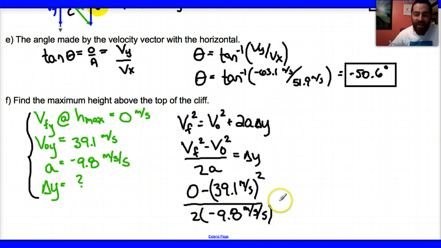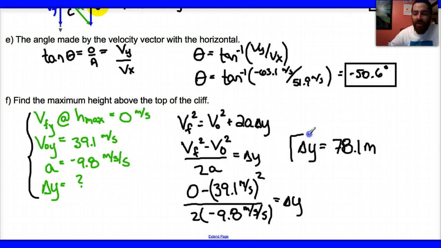Notice the negative in the denominator is going to cancel out with the negative in the numerator, and when I run that through, I get 78.1 meters is equal to my vertical displacement over the top of the cliff. So that finishes a lengthy problem, 31, which really takes a look at a lot of different aspects of the projectile portion of the kinematics chapter.